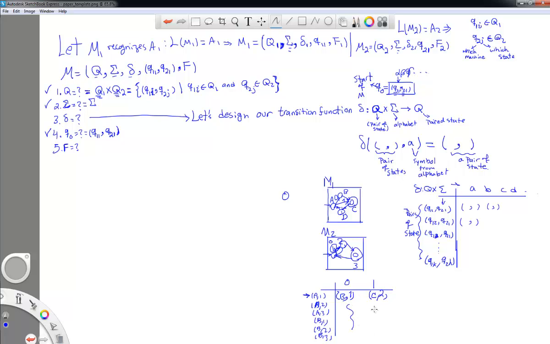This is exactly how I simulate both M sub 1 and M sub 2 together. I mean, simultaneously, actually. Okay, so this is how I simultaneously simulate this.